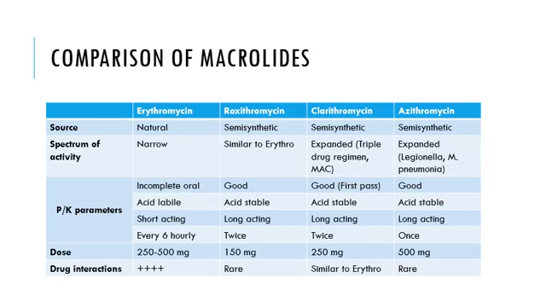Considering drug interactions, we have learned earlier that erythromycin and clarithromycin inhibit the CYP3A4 enzyme, and therefore drug interactions are usually found with them, while with roxithromycin and azithromycin such drug interactions are rarely found.